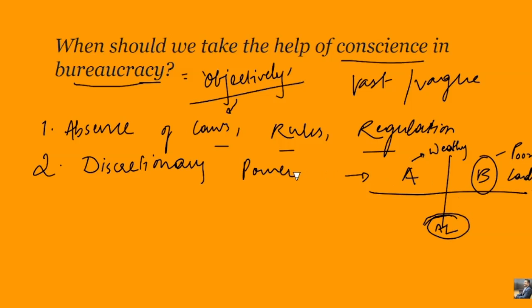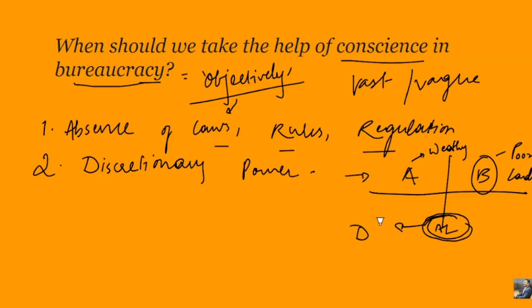Now they both come to an administrator or collector claiming this particular piece of land. A says that this particular land belongs to me, but B says that no, this particular land belongs to me.